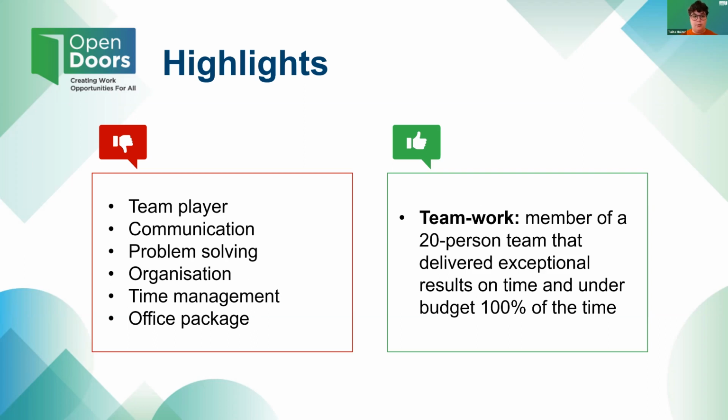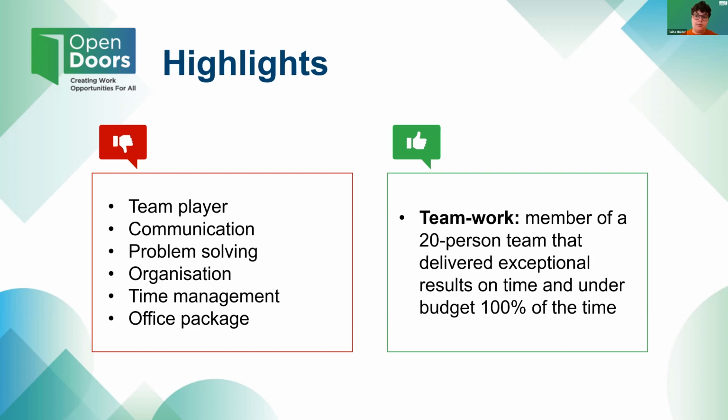Instead of writing team player, excellent communicator, problem solver, excellent in organization and time management, proficient in the office packages. Instead of saying all of that, which is literally on most CVs everywhere, you can say teamwork, member of a 20-person team that delivered exceptional results on time and under budget 100% of the time.